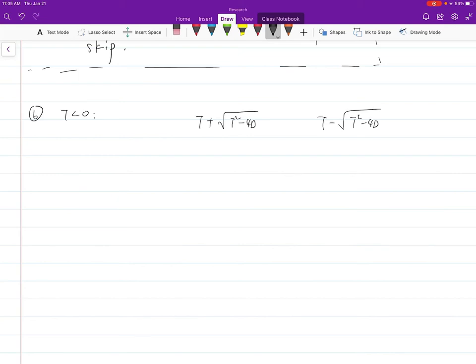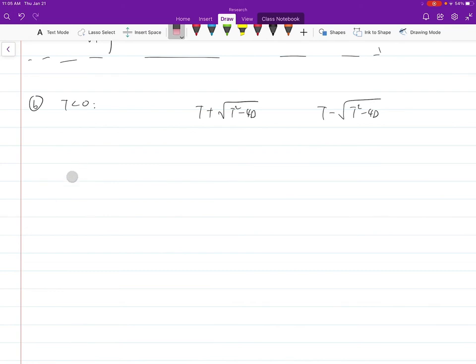Now, to get a sink, we need both of them to be negative, right? From here, you can see this one is always negative, no matter what, because this is negative and you minus a positive thing. It's always going to be negative. The key is to try to keep this one negative.